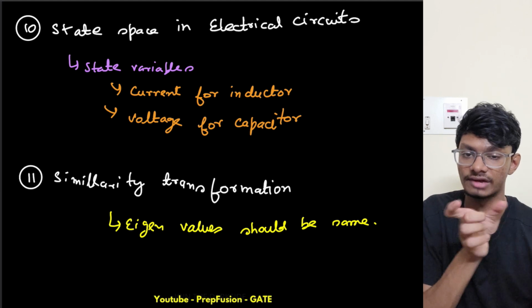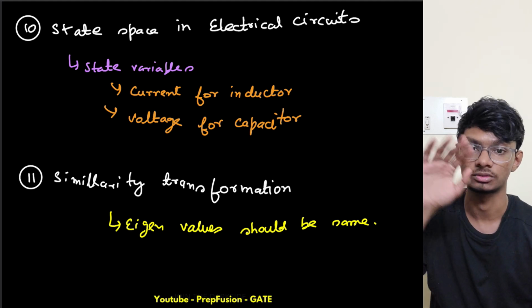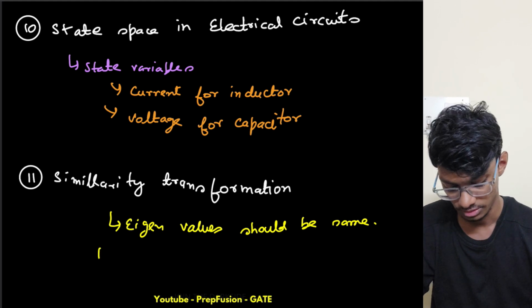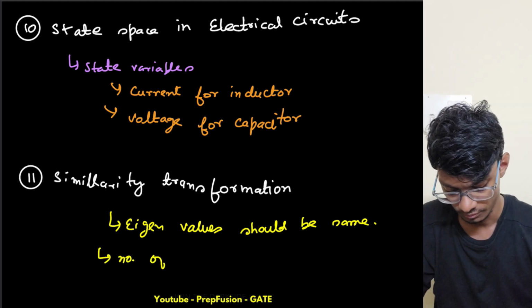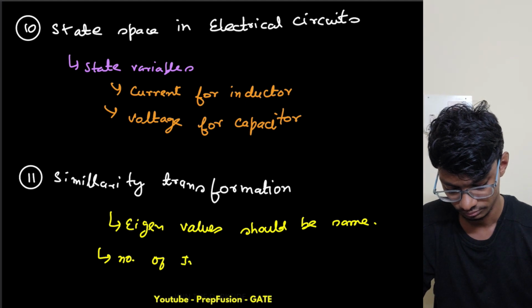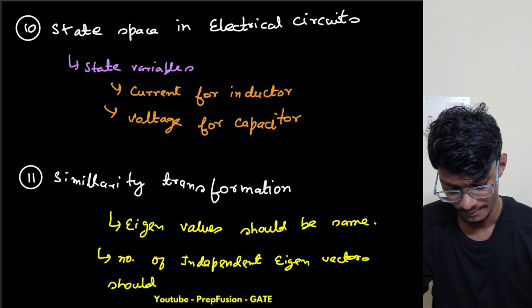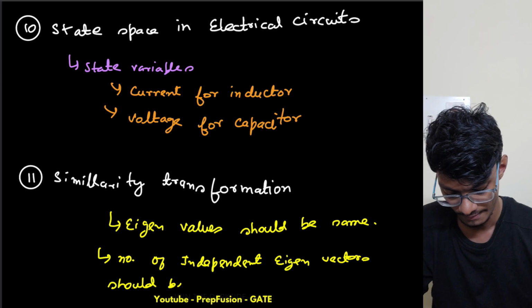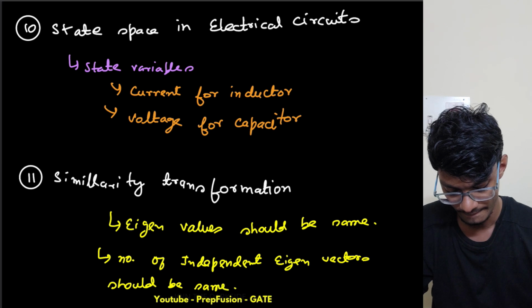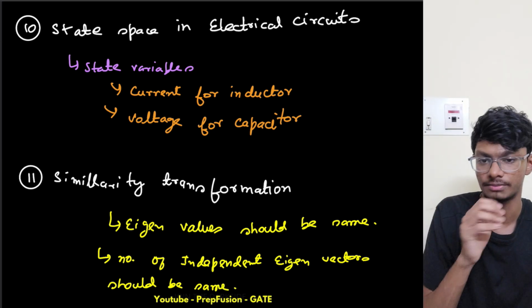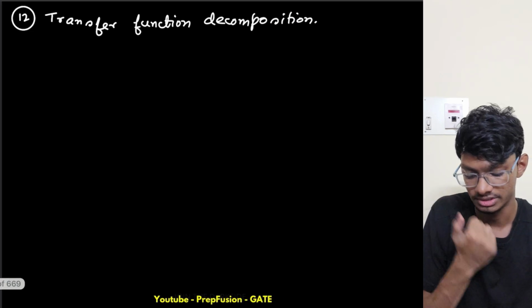Eigenvectors will change, but the number of independent eigenvectors in the previous value and this value should be the same. So yeah, this is the main thing. Eigenvectors may change.